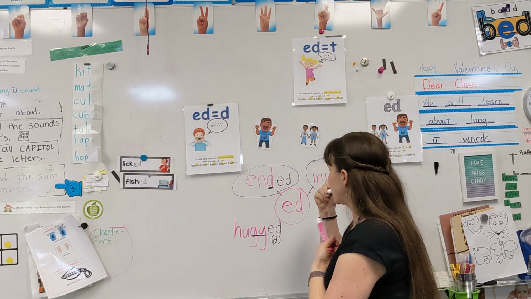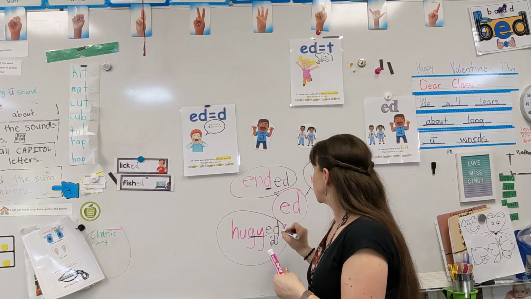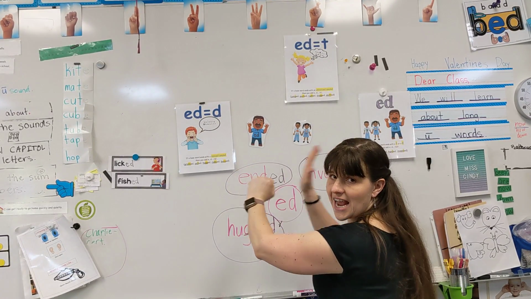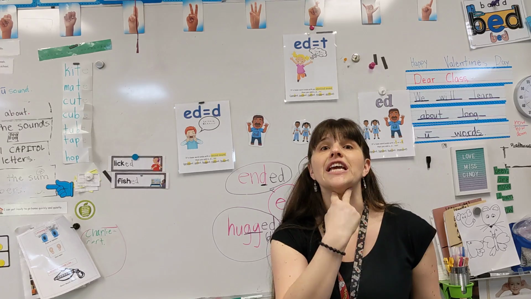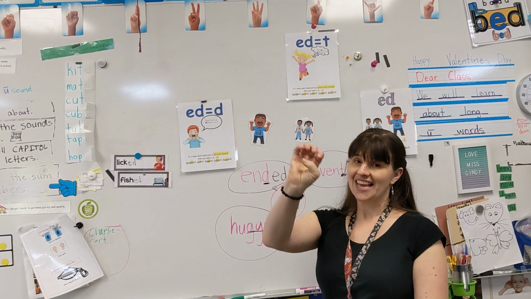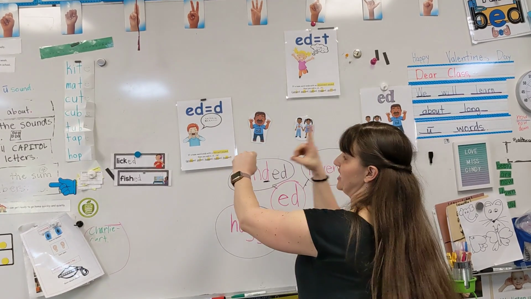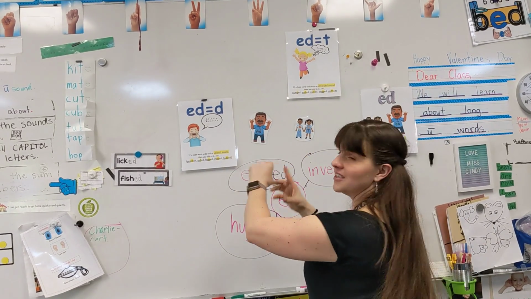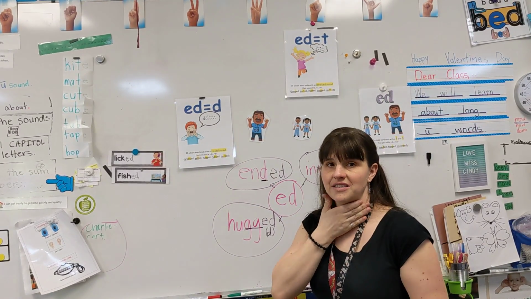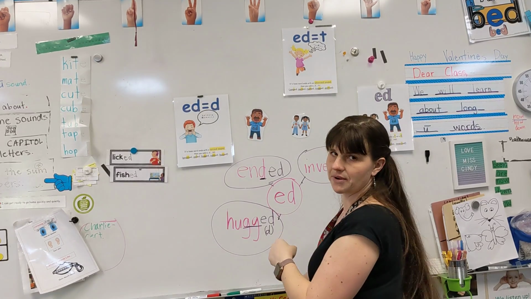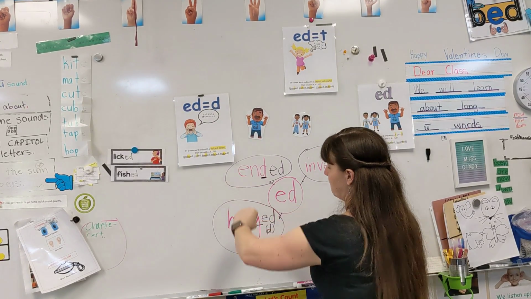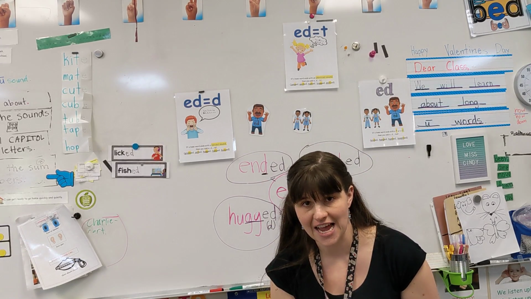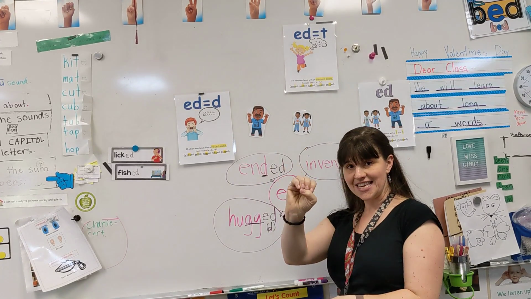So what we do for that is we go, when a base word ends with a voiced sound, then you add ED, D. Okay, so we're not going to put ed there. We're going to put D if it ends with something that's voiced. Okay? All right, ready? We're going to do it again. When a base word ends with a voiced sound, then you add ED, D.